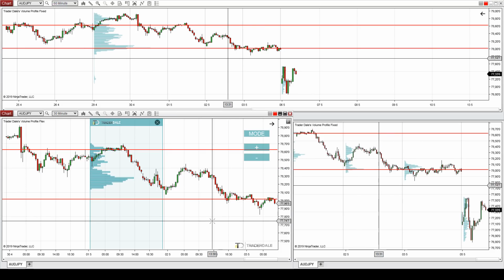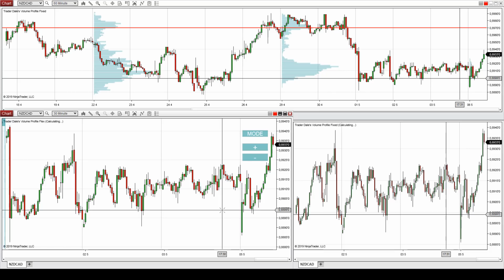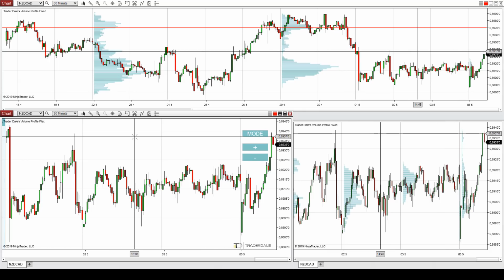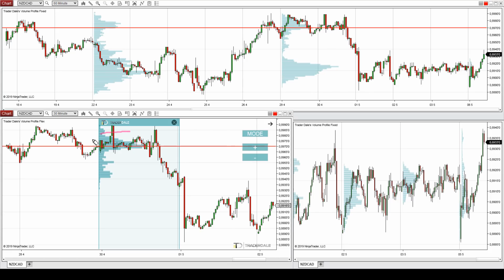Let's now have a look at the next pair, which will be the New Zealand dollar, Canadian dollar. There's a very nice case of volume accumulation set up right there. Rotation, you can also see two very strong rejections of higher prices, which indicates aggressivity of the sellers.